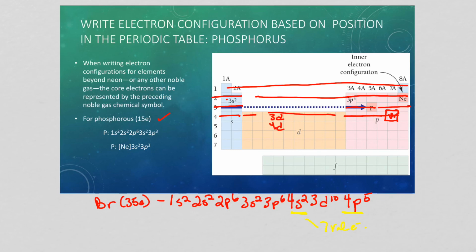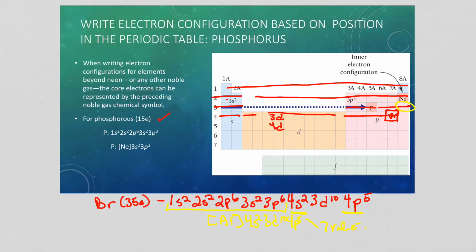That's going to be argon right here. And we could use the symbol of that noble gas to represent all the electrons up to that point. So up to the 3p, those 18 electrons are actually argon. So I can use just the symbol argon to represent those 18 electrons, and then just write what comes after that. So 4s2, 3d10, 4p5 would be another way to write the electron configuration of bromine.